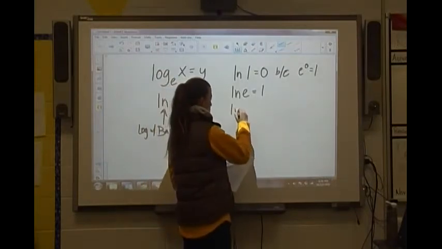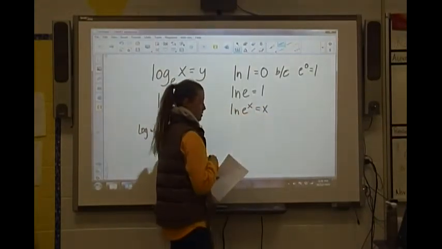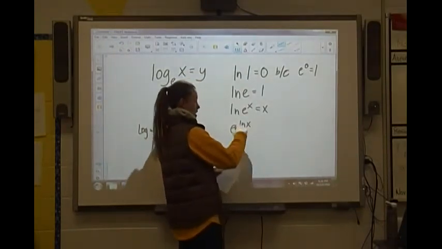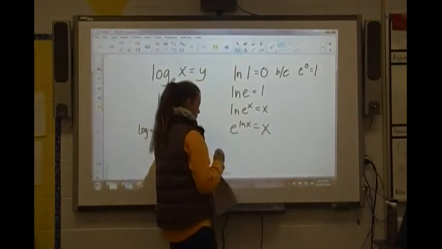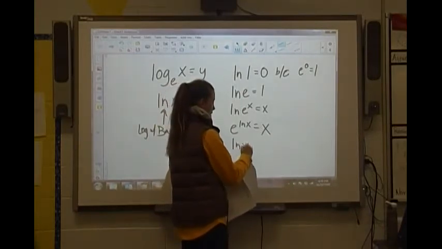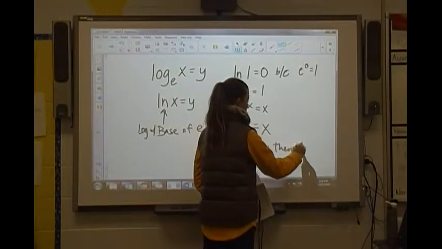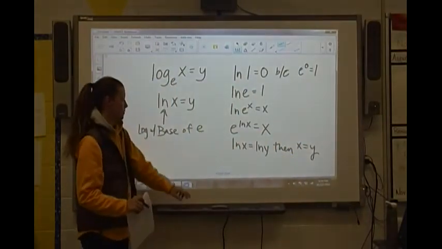If I have natural log of e to the x, the bases match, so my answer is just x. These are all those same properties. If I have e to the natural log of x, again, those match, so my answer is x again. And last one, if I have natural log of x is equal to natural log of y, then x equals y. So all those properties hold true for natural log as well.